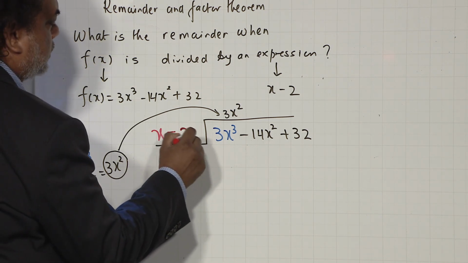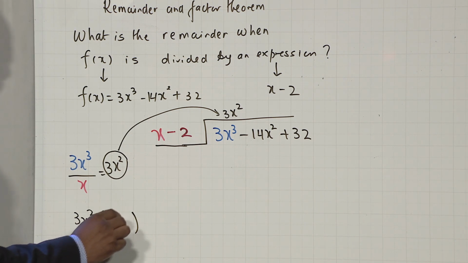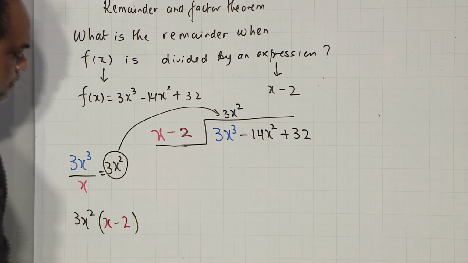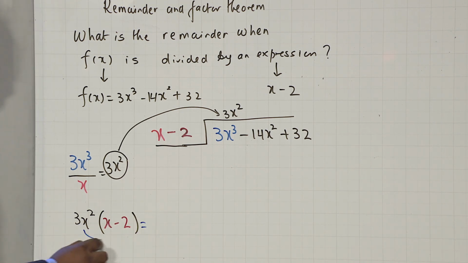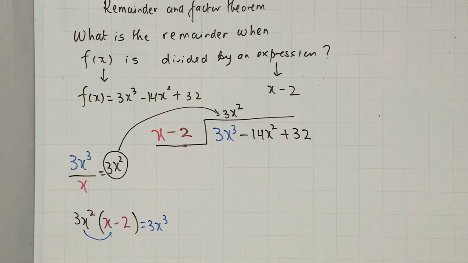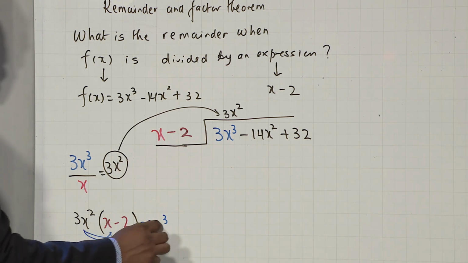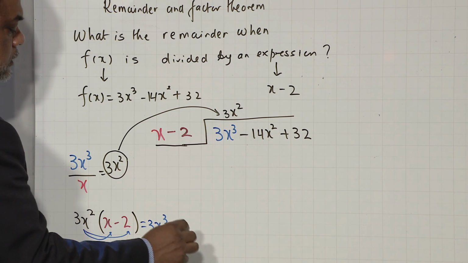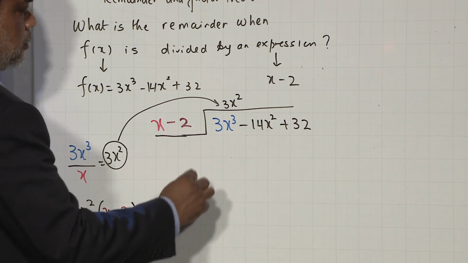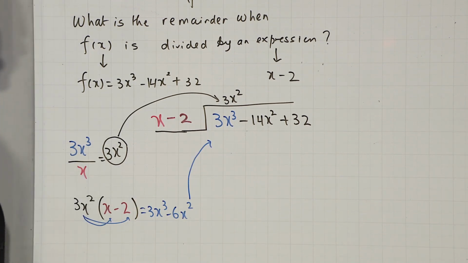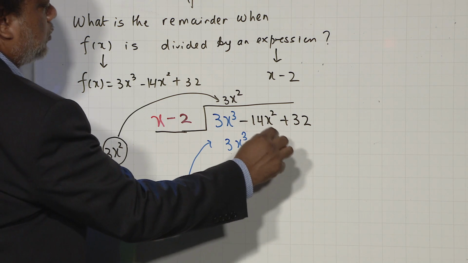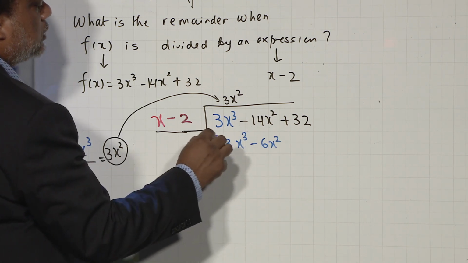And then the 3x squared, I'm going to multiply by the divisor, x minus 2. This gives me 3x squared times x, 3x cubed, minus 6x squared. I'm going to place it here, 3x cubed minus 6x squared, and I always subtract.